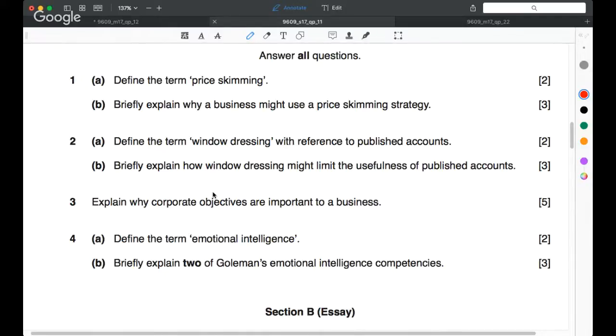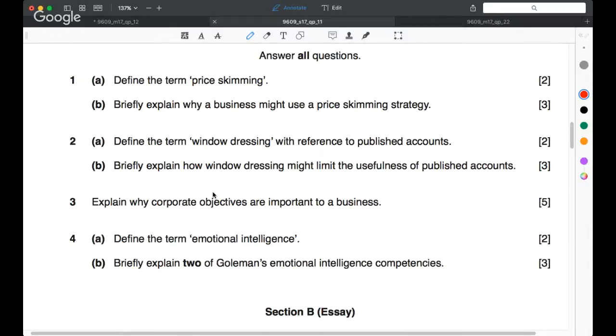So the first question: define the term price skimming. Well, price skimming is a technique, and it involves basically setting a high price before other competitors come into the market.